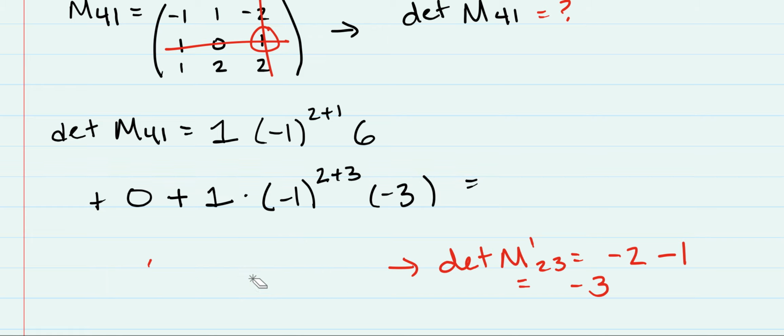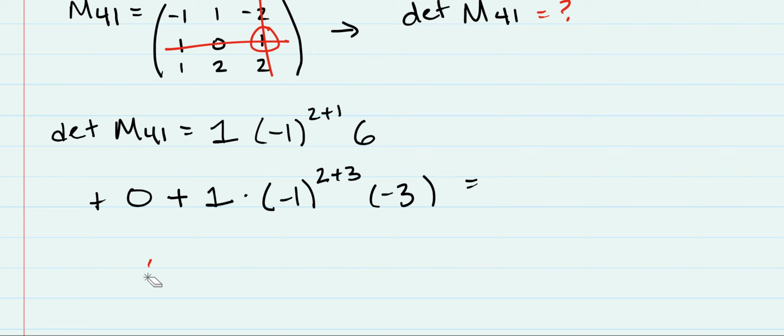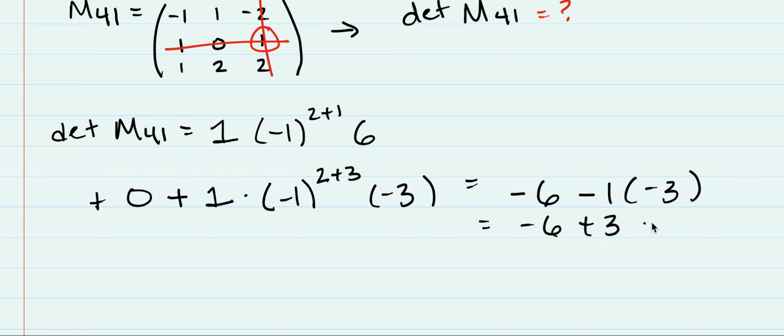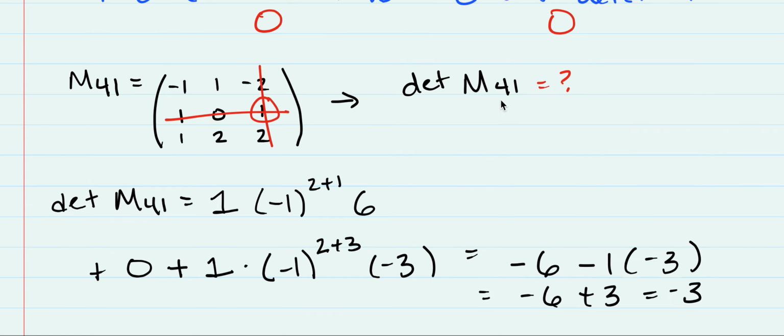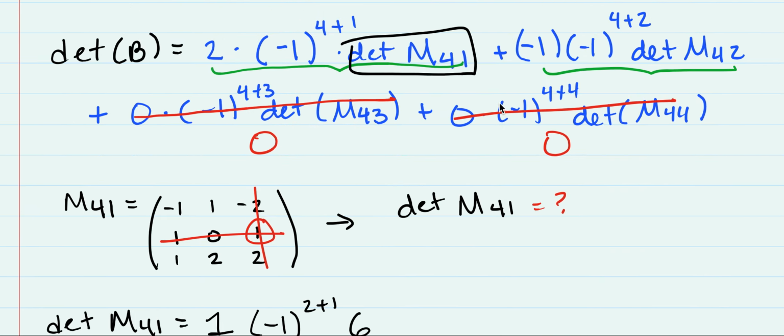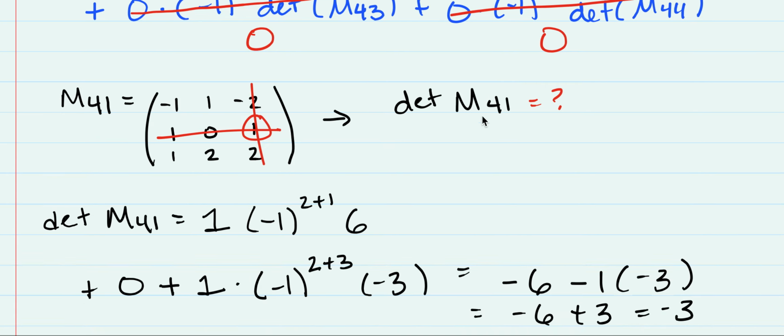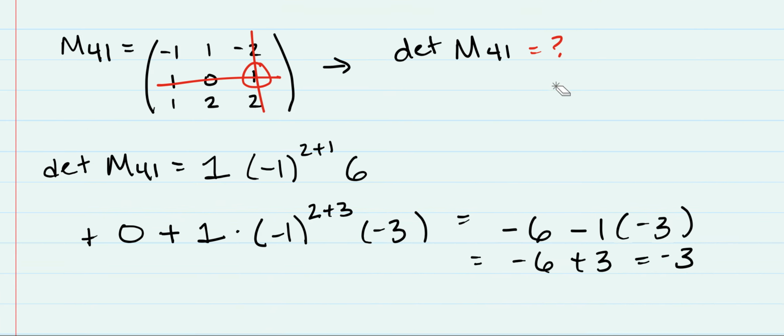And let's add these up. So what do we get? This is going to be -6. Then this is a -1 times a -3. So we get -6 plus 3, which is -3. So that is this determinant.